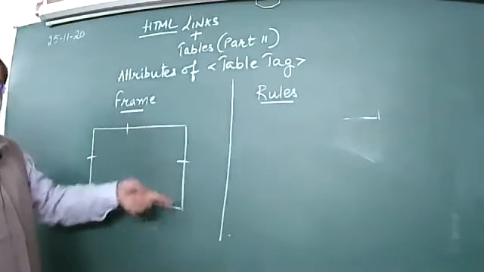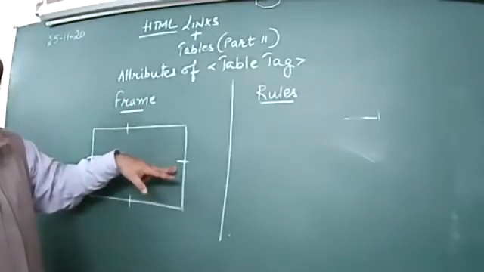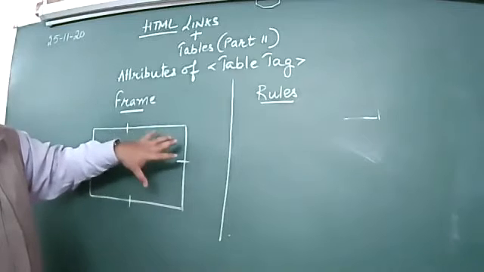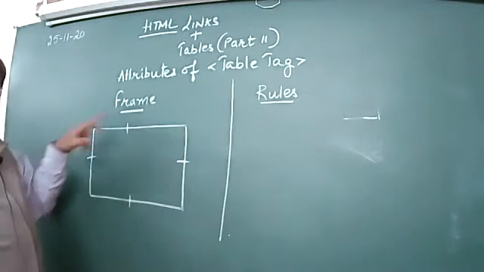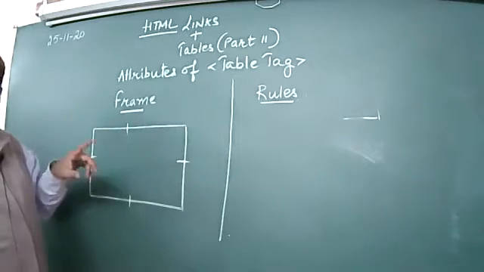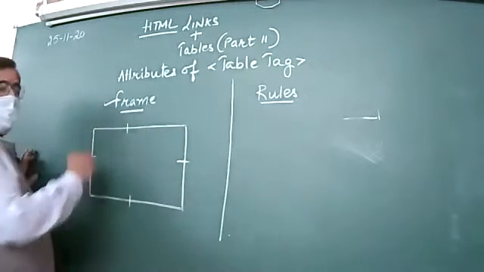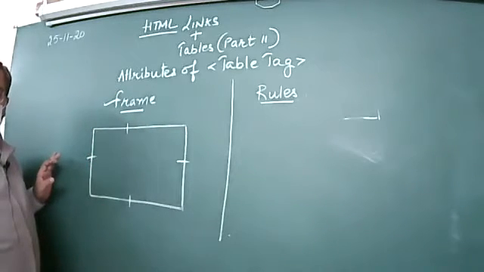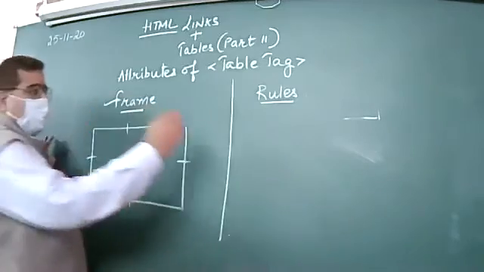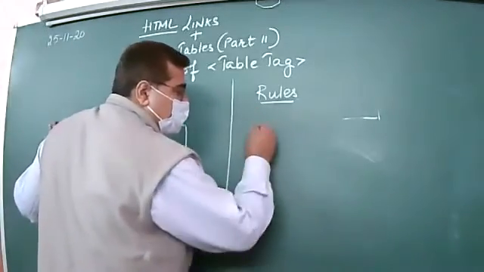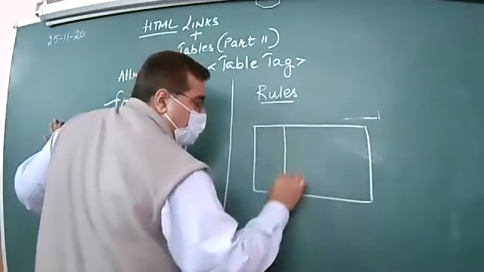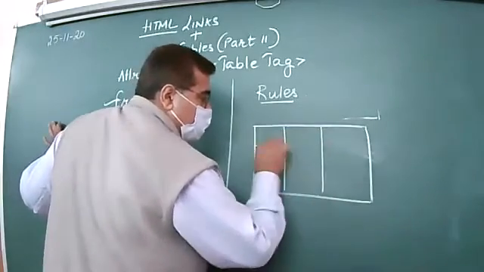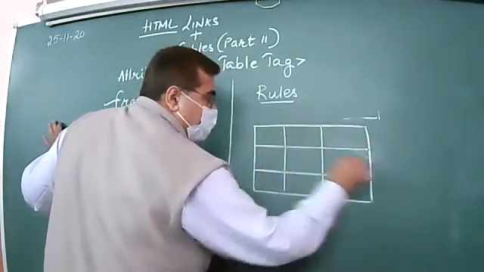You can set this border in any of the way, and whatever setting you want to make for the external border, that you are going to make with the help of frame attribute of table. Rules attribute deals with the setting of internal border of the table. These internal lines.